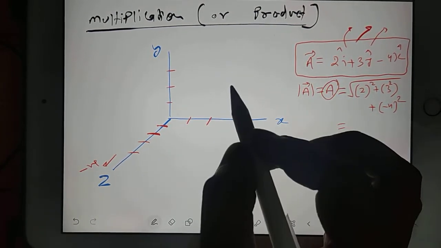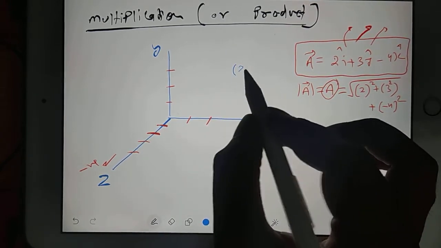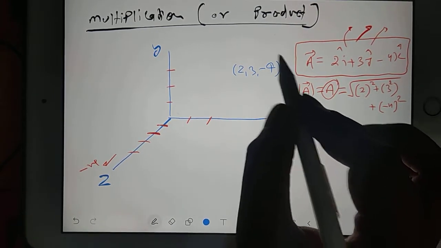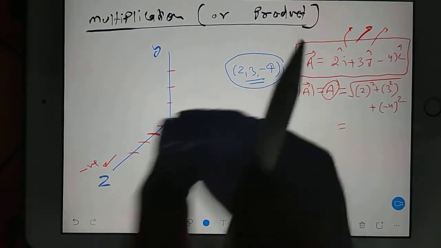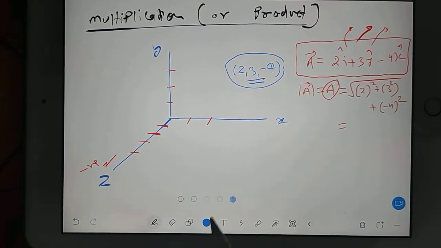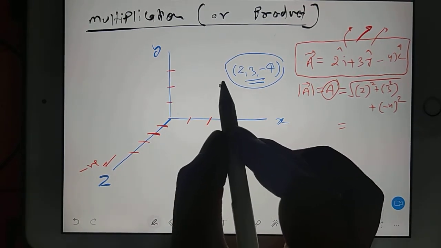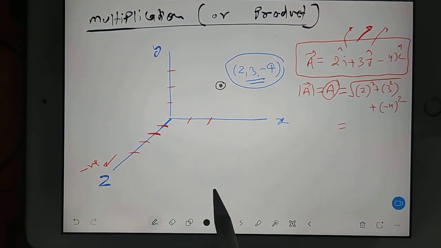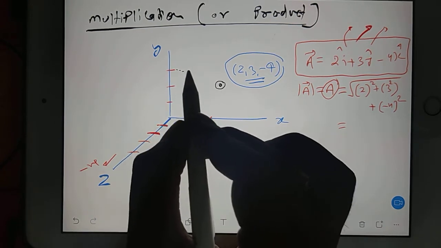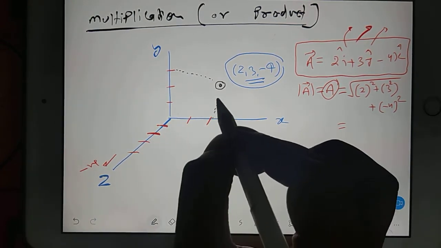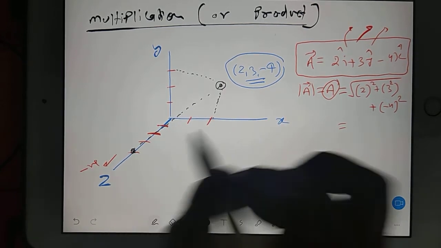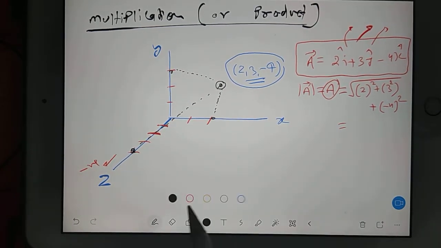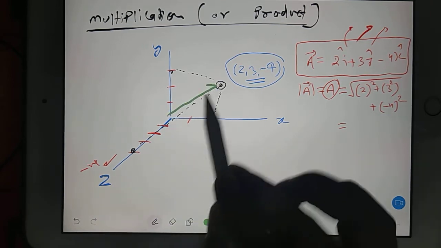The coordinate 2, 3, minus 4 will come out of the screen. Get my point, right? I cannot draw it here, but I will try. Suppose this is the point which is out of the screen in the air. That is lying exactly at this location. So it means your vector is pointing like this.